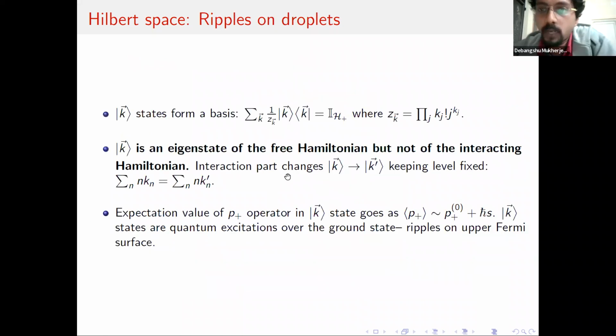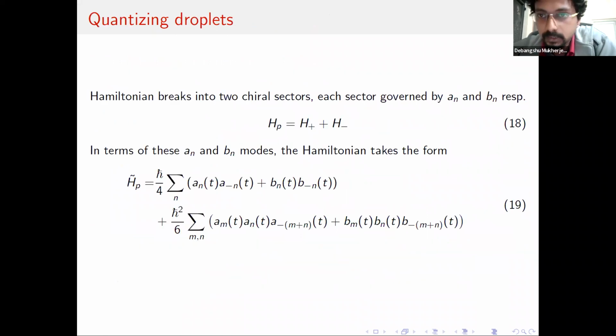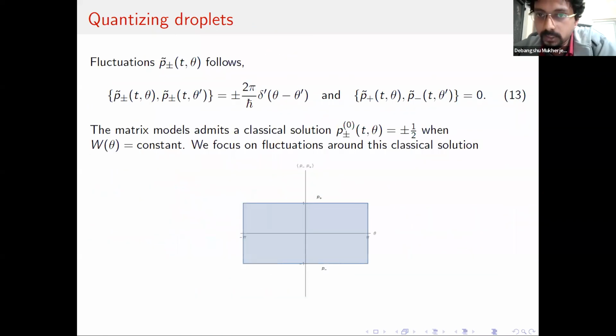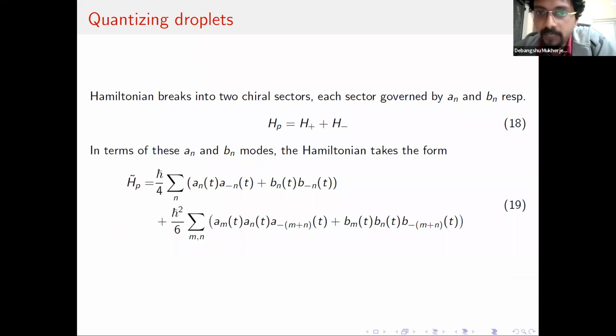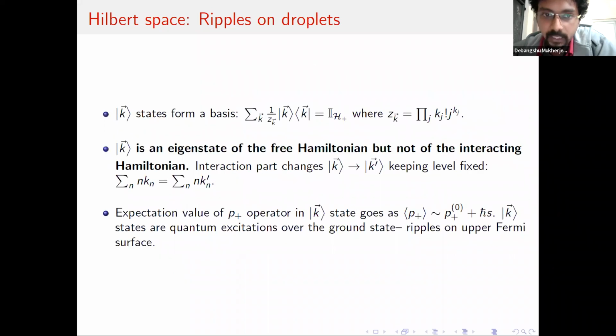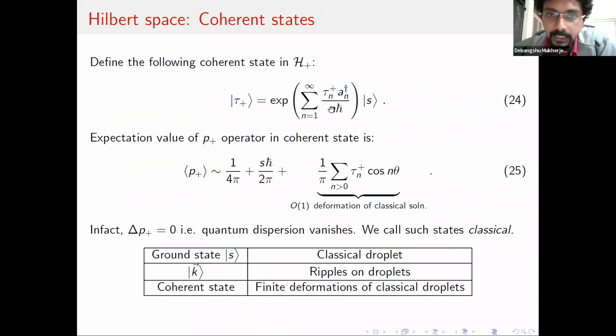By order one, I mean the quantum fluctuations come at a certain order, which is the order of H cut. This is how I'm parameterizing my fluctuations. If I calculate the expectation value of this P plus operator in this coherent state, this state 24 that I have defined, even if you take some linear combination, you will get some number like this, which does not contain any H cut sitting in front.